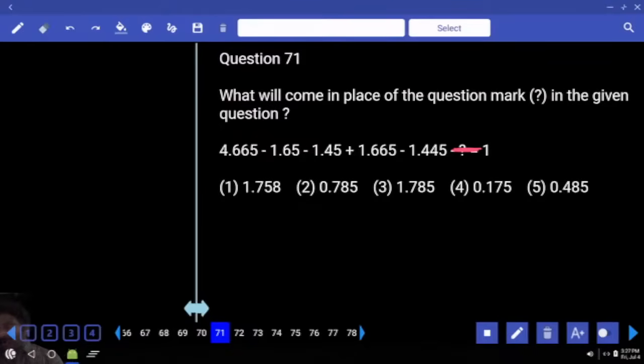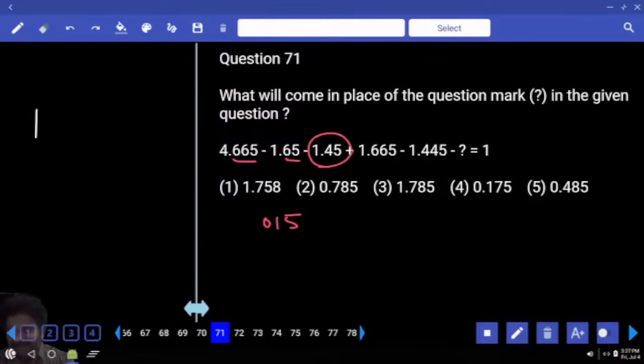Let's first add only integers. 4 minus 1, 3 minus 1, 2 plus 1, minus 1, minus 1, 1. Now let me take number after decimal. 665 minus 650, 015. You understand?